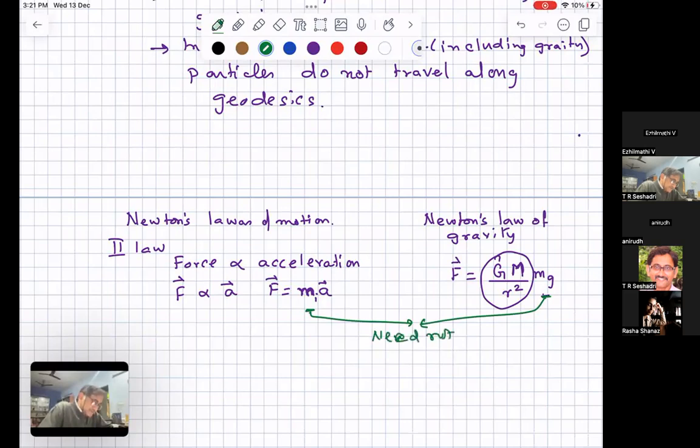They need not be the same, because the origin of these two are completely independent. One parameterizes how it pulls, another parameterizes if pushed, how it moves. Is this clear?